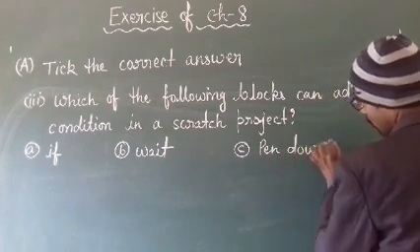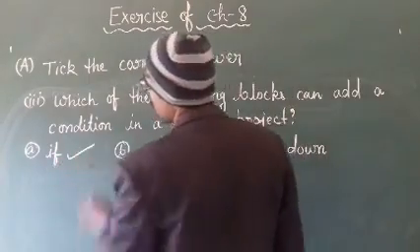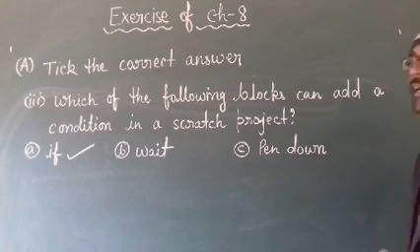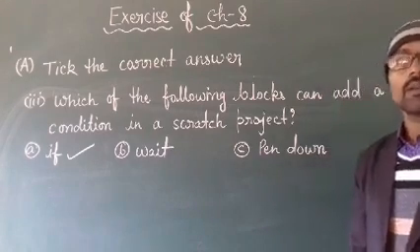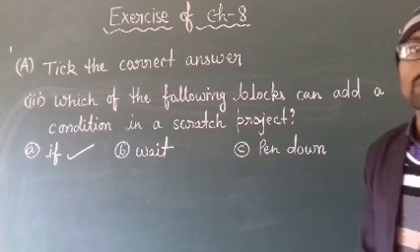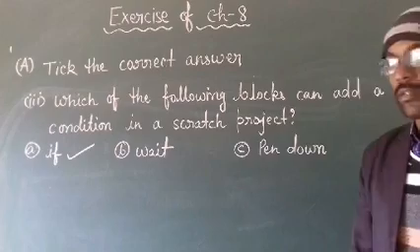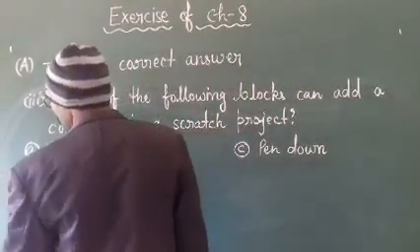Okay, dear students, option number A, if block is used to add condition in a scratch project. If block is used to add condition in a scratch project. Clear? Now come to the next, that is question number 4.